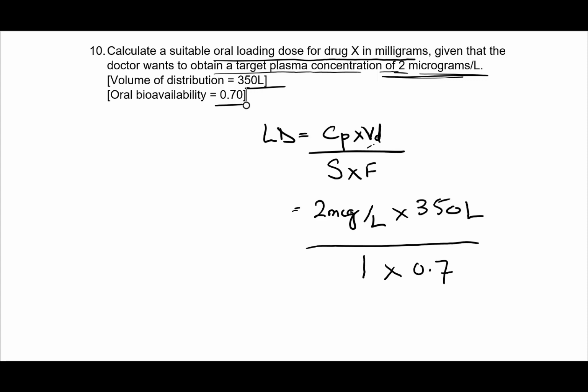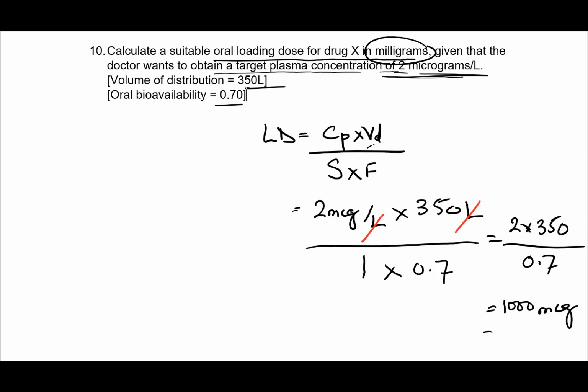So here liter will cancel the liter, and we will get the final loading dose in mcg. That will give me 1000 mcg, and I have to find out the answer in milligrams. So 1000 mcg is simply 1 milligram, and that is the answer.